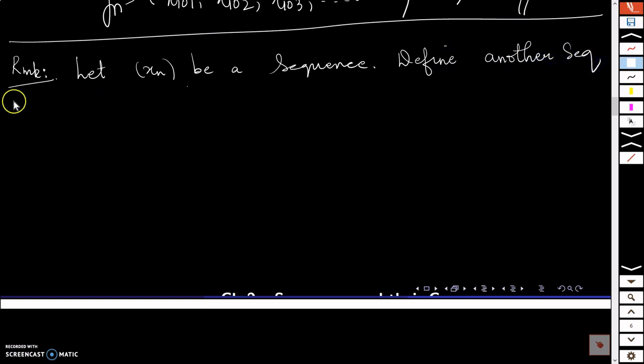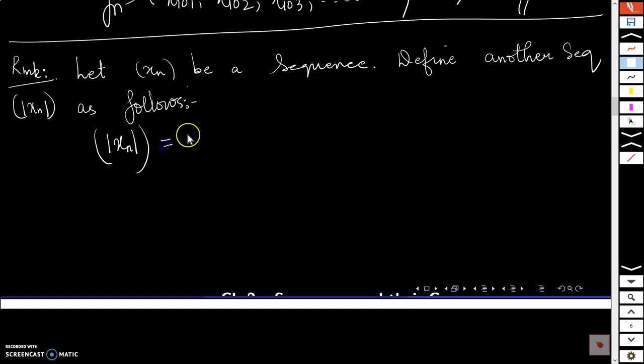Using this sequence, I can define another sequence mod xn. This is also a sequence, but the only difference is that it has a modulus there. For each term, it is going to have a modulus as follows. So we define mod xn as follows. The terms of this sequence will be the terms of the sequence xn only, that is x1, x2, x3, x4, and so on.